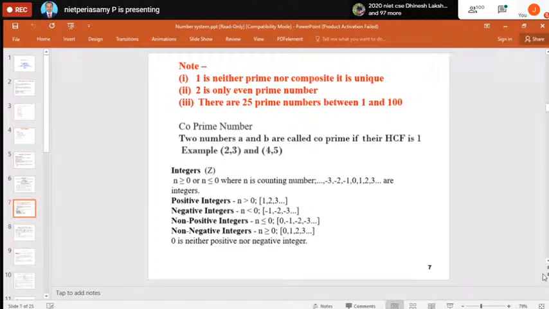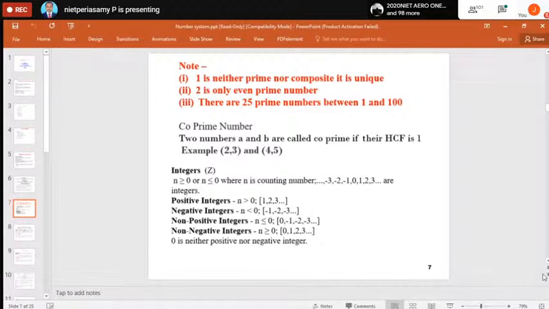The remaining even numbers are composite numbers, because except 2, all the other even numbers have more than two divisors. Then the third one is, there are 25 prime numbers between 1 and 100.